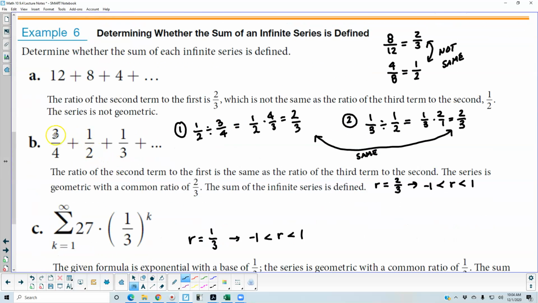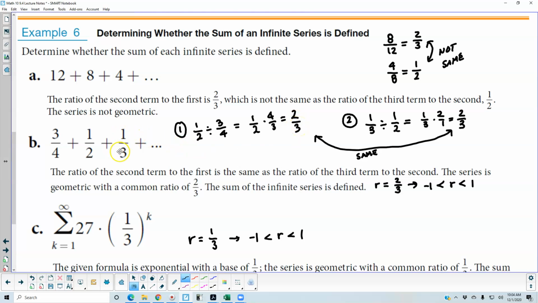Let's take a look at B. We have 3/4 plus 1/2 plus 1/3. If we take 1/2 and divide it by 3/4, that is the same thing as 1/2 times the reciprocal of 3/4, which is 4 over 3, which is equal to 2/3.